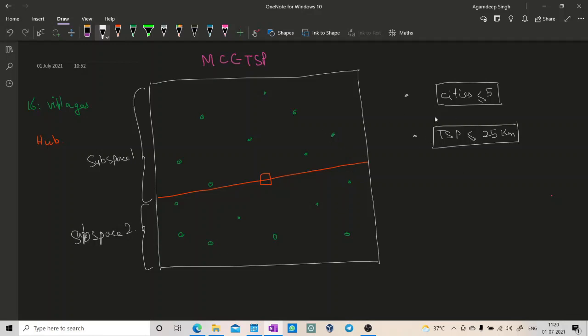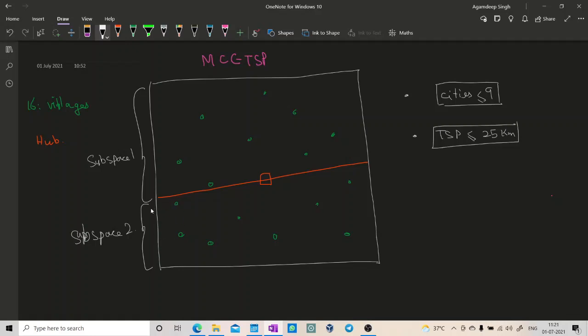Then I would check if the TSP is less than 25 in that case. So let's actually work with a higher city number here. Let's say it's 9. So here we are satisfying the city constraint. But suppose on subspace 1 the TSP is not satisfied, but on subspace 2 the TSP is satisfied.